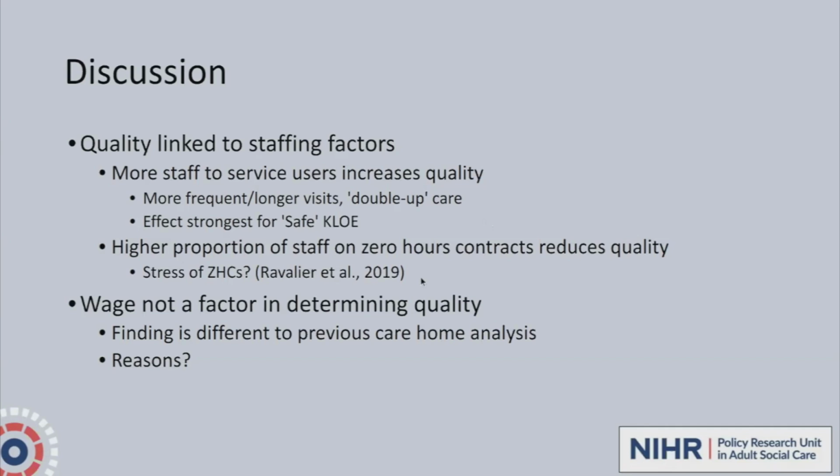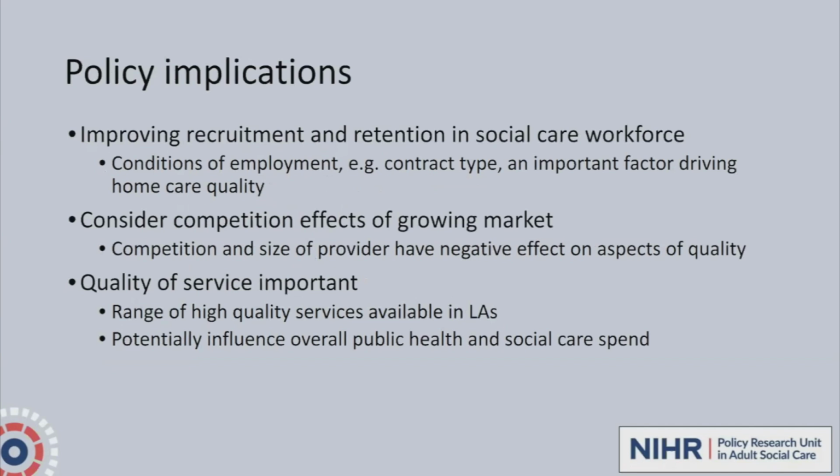In terms of policy implications, there are a few things we can certainly say from this analysis, although there are limitations to it. I haven't included those in these slides, but certainly there are limitations. What we can say is that one main policy aim at the moment is improving recruitment and retention in the social care workforce.